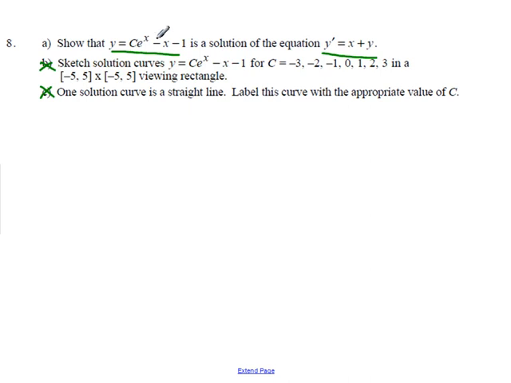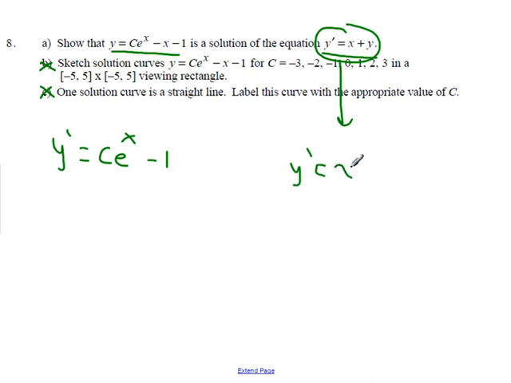So if we want to show that this is a solution to this differential equation, we know what to do here. So we take the derivative. We have y prime equals c e to the x minus 1. And over here, we have y prime equals x plus y.